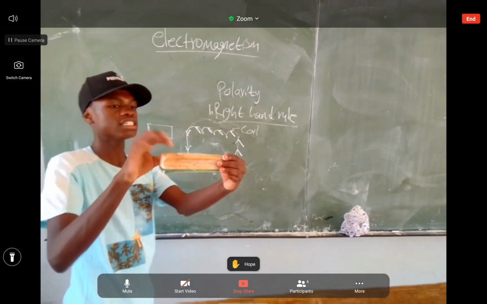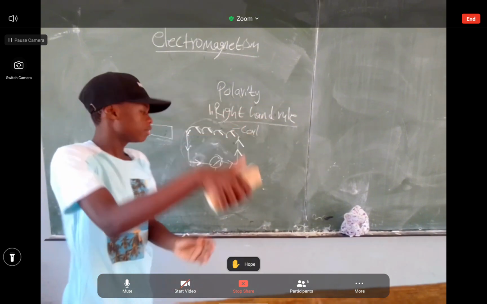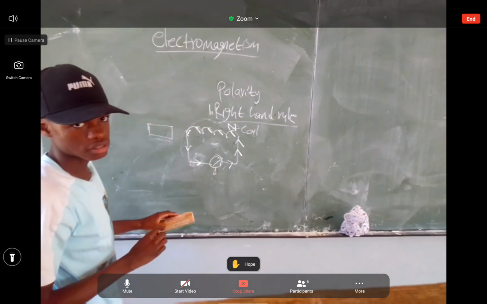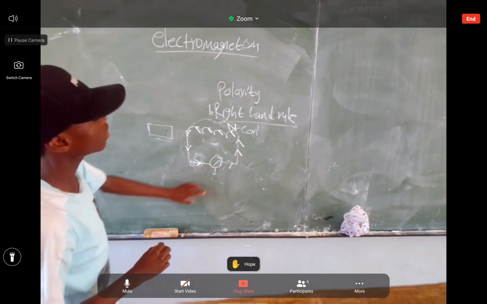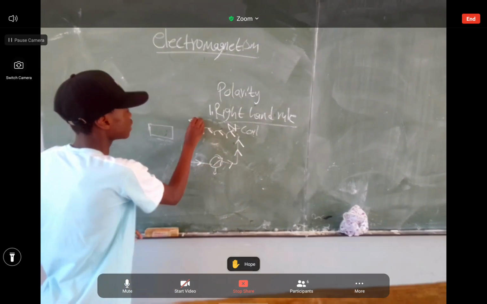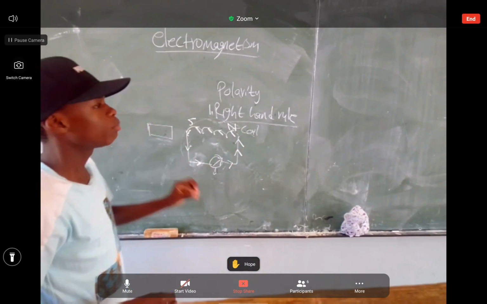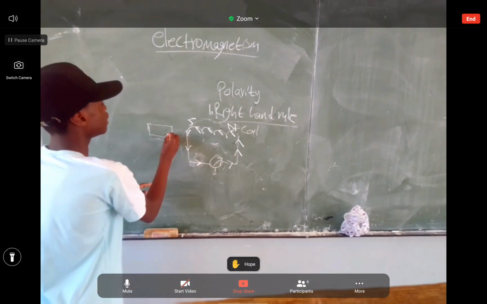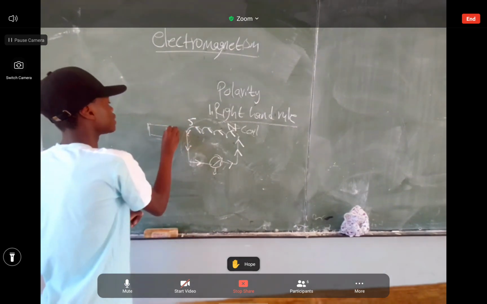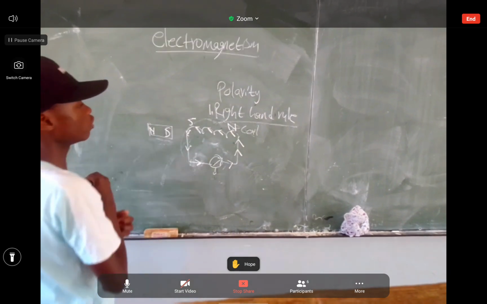So if the current is moving like this, this part of the coil will be what? So if this becomes your north pole, this will become its south pole. And another principle says, if this part is the south pole, this also will be what? The south pole. And this will be the north pole.